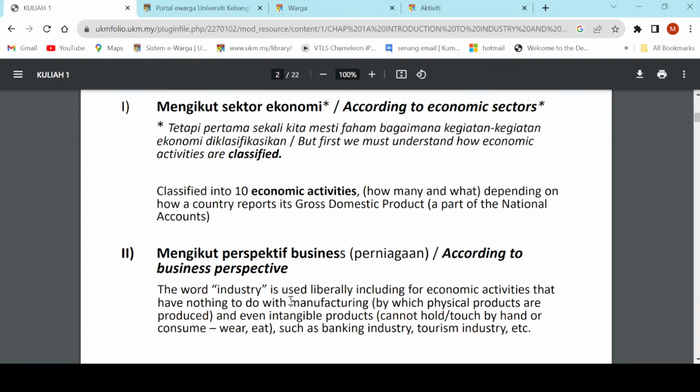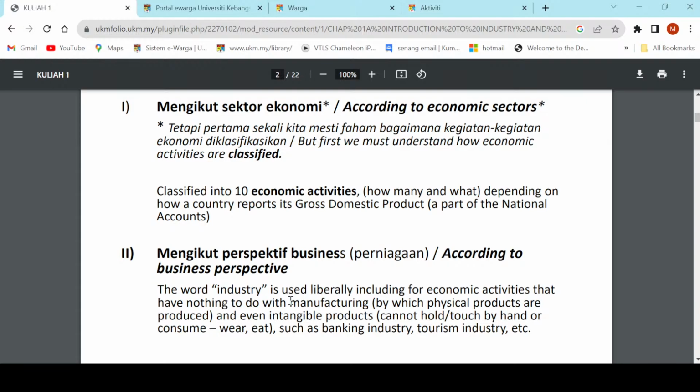But the word industry, for the past 10 years or so, has been used to refer to other than manufacturing, which are intangible products. What do you mean by intangible?